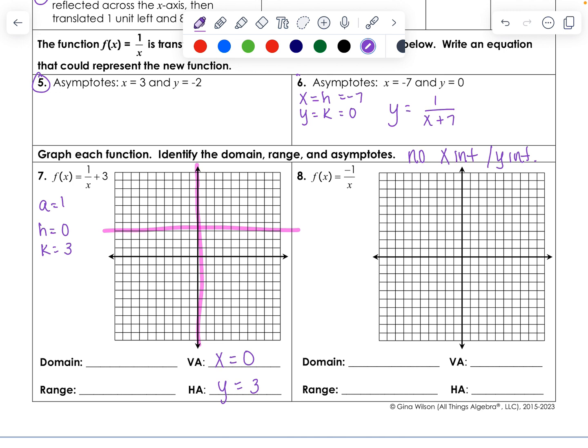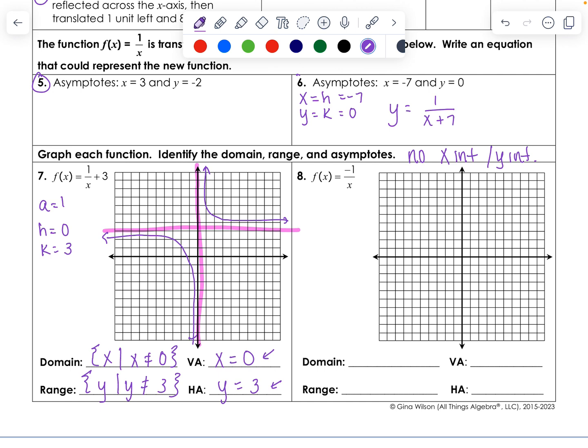It's going to be x such that x cannot equal this number, y such that y cannot equal that number. Because I always call my asymptotes my don't touch me lines, so you can't touch you. Then I plug it in my calculator, and I see that it's graphed up here, and it's graphed down here. So that's how you do that.